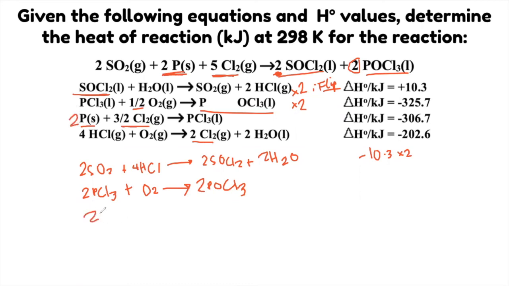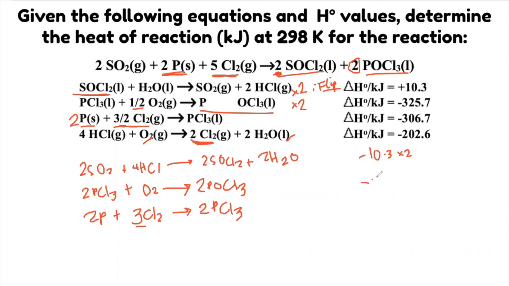So 2P plus 3 halves times 2 is 3, yielding 2PCl3. For the last equation, I want to get this. Okay, Cl2, because HCl is not needed, O2 is not needed, H2O is not needed. So again, I need 5 Cl2. I have 3 already and this is 2, so no need to do anything about it.